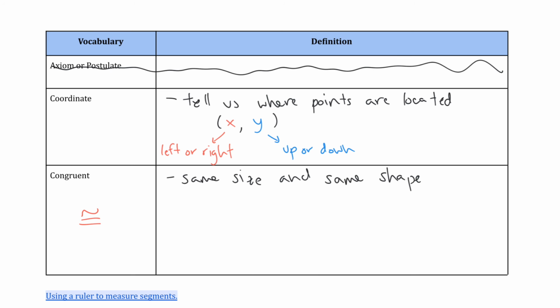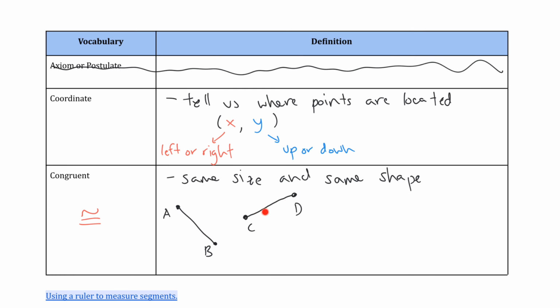So for example, if I have two line segments, let's call this line segment AB. Let's draw in another line segment. Let's call this CD. Now, because these are both line segments, I already know that these two line segments are the same shape. In order for them to be the same size, they would have to be equal in length.